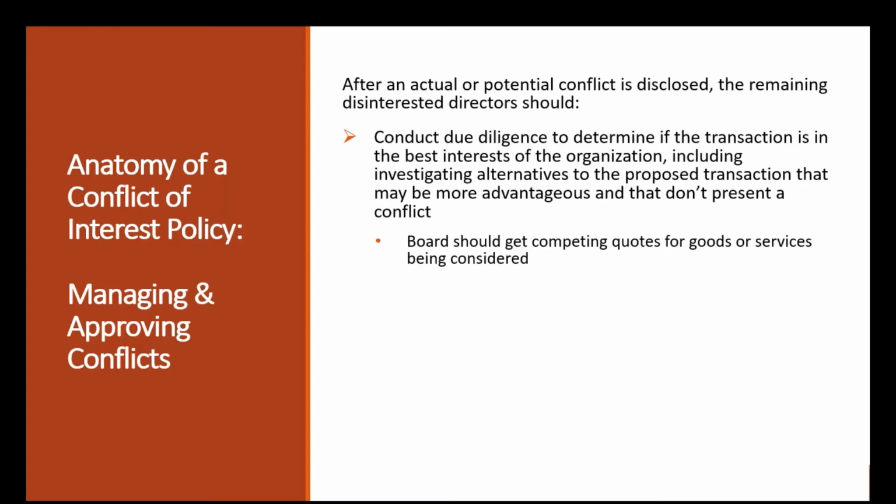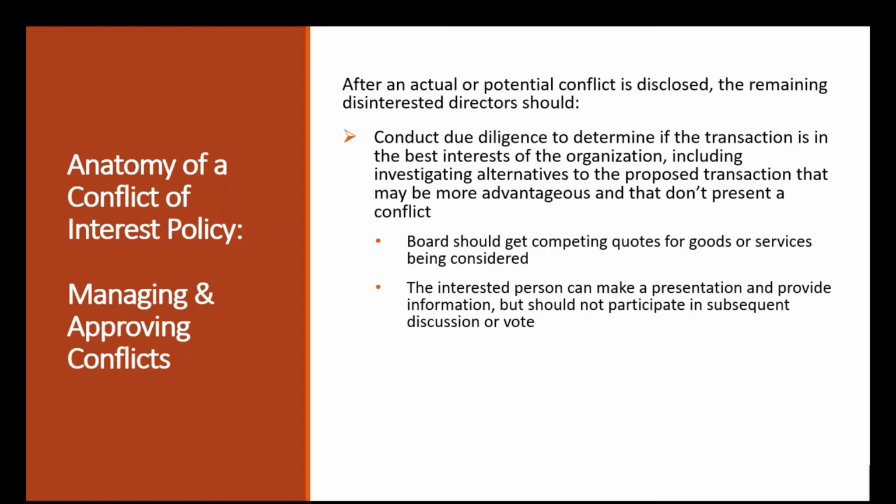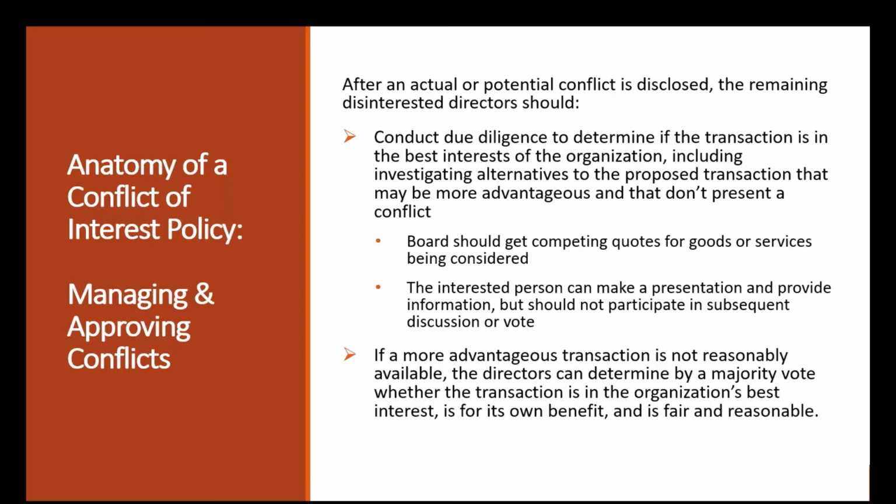When it comes to goods or services, the board should get competing quotes or do some research about alternative providers, so that they have some data about whether they're getting a good deal through the conflicted individual. The interested person can make a presentation or provide information, but they should not participate in the subsequent discussion or vote.